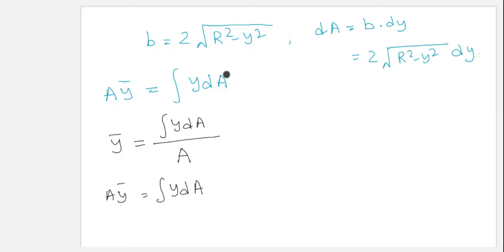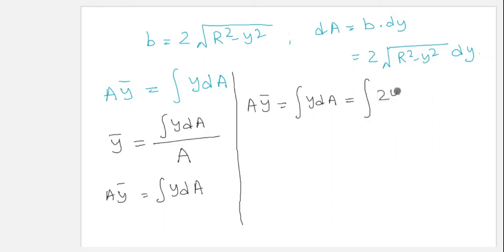So A Y dash will be integration of y dA, and dA we have already found out. So 2y integration of root of R square minus Y square dy. What will be the integration of this part?